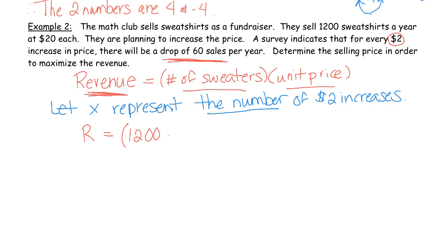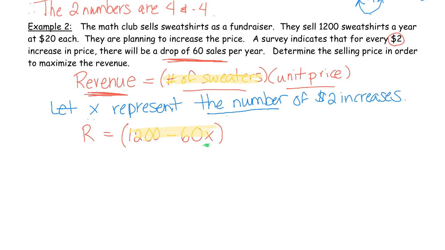So I'm actually going to lose 60 sales of sweaters for every increase of $2. And remember that this X represents the number of increases. So I'm going to multiply 60 times how many increases there are. So all I've done here is the number of sweaters is now going to be 1,200 minus 60x.